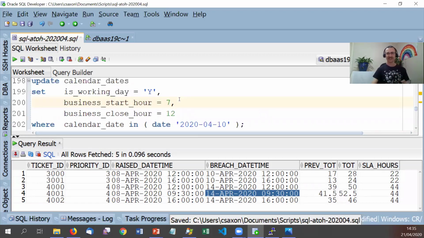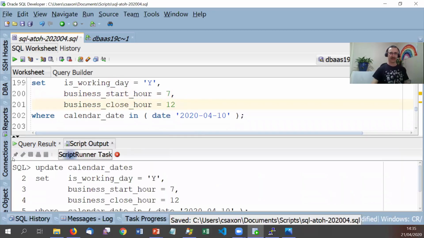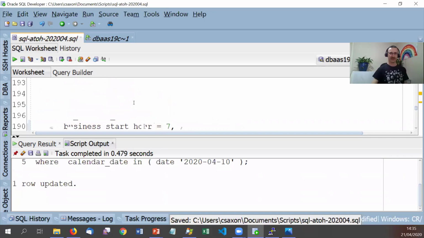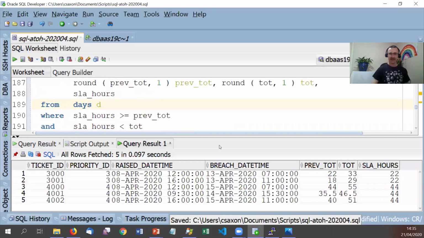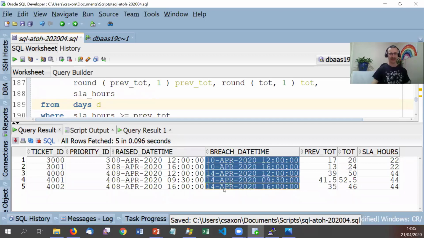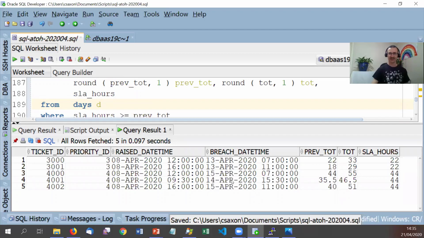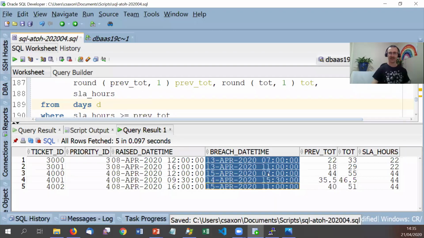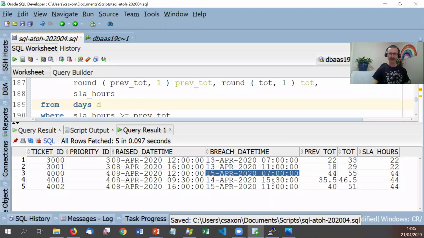So instead of finishing at 6 p.m., we finish at noon, at 12 p.m. So let's update the working hours for that. We've done that. We'll rerun this query, and we'll see now that the breach dates, or some of the breach dates, have changed. So you can see, in fact, actually, yes, sorry, all the breach dates have changed. These all have been bumped on by various numbers of hours.